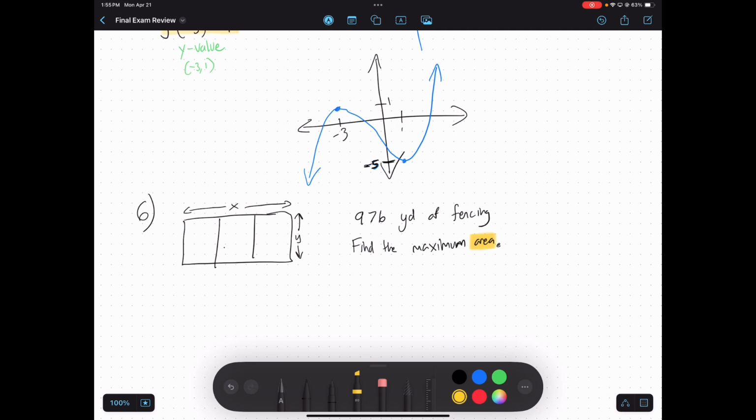So in this case, if I want to optimize area, I need an equation for that area. If I'm maximizing total area, what's my area formula? X times Y.